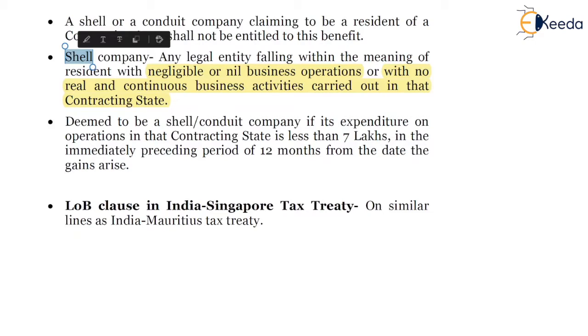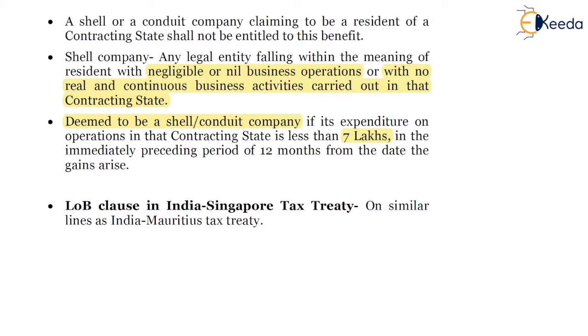However, where the activity is less than 7 lakhs in the immediately preceding year for a period of 12 months, then such a company will be deemed to be a shell or conduit company.